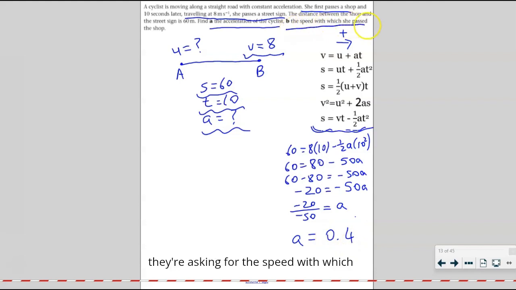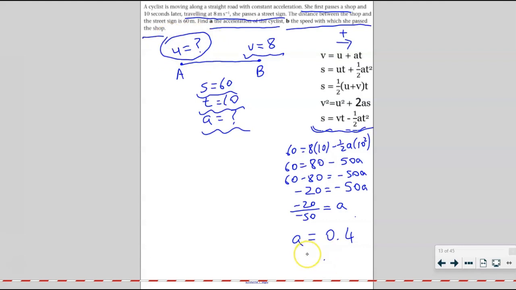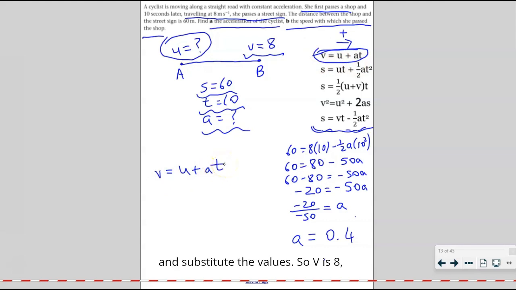For part B, they're asking for the speed with which she passed the shop, which is your u. So we need a formula which connects u, v, s, t. We can also use a now because we've got a. But it definitely needs to have a u because that's what we are finding. So let's choose the first formula and substitute the values.